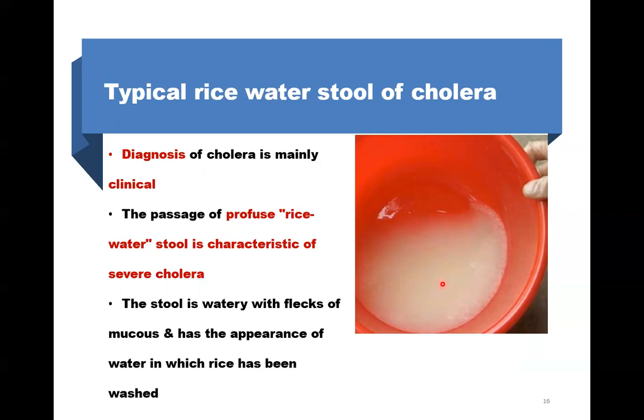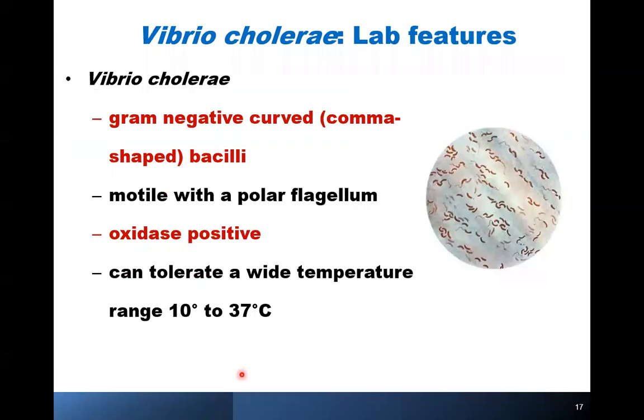And it's diagnostic of Vibrio cholerae infection. You don't need a lab to back up your assumption, okay? In the lab, if you decide to send a sample, it's mainly for public health data. We want to know what serotype is involved. That's not going to affect the management.